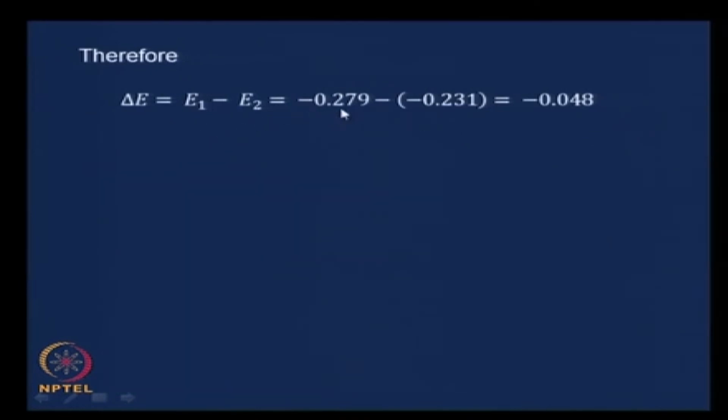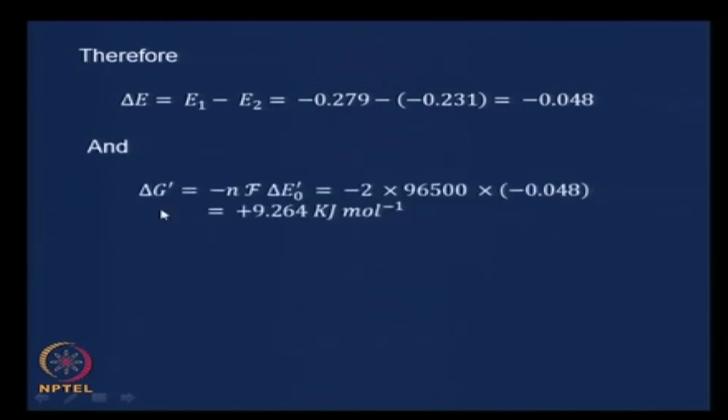And therefore delta E is E1 minus E2, which is minus 0.279 minus of minus 0.231, which is minus 0.048, and delta G dash, which is minus nF delta E, is minus n, which is 2, F 96,500, delta E we have calculated here as minus 0.048, and the value turns out to be plus 9.264 kilojoules per mole.